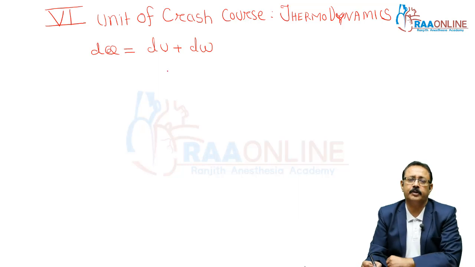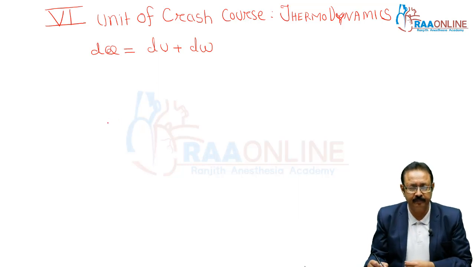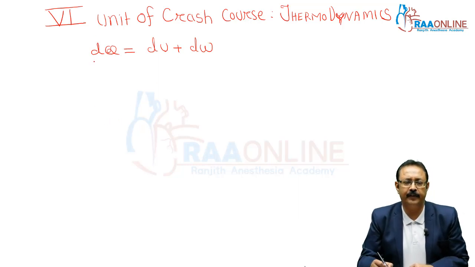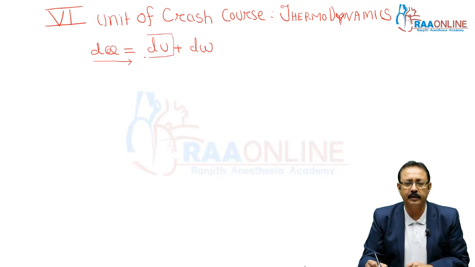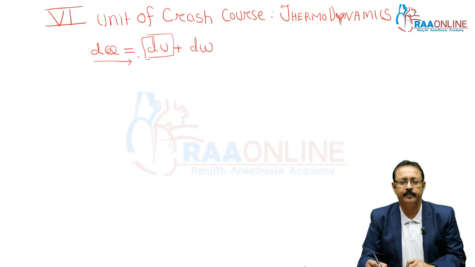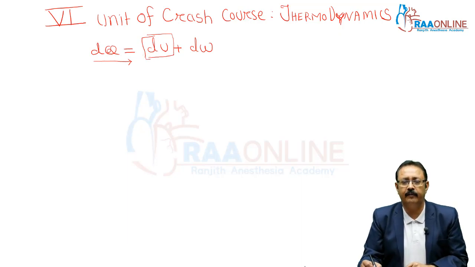Now what about sign convention? You can learn it in this way. If we are moving from left to right, all things are positive. We will tell you the sign of dU separately. This is about dQ and dW.